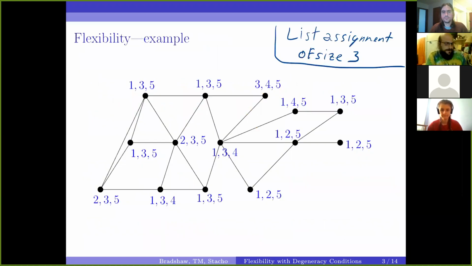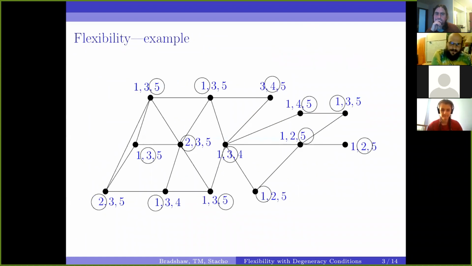Let me now show you on the picture what flexibility is, or what the motivation for flexibility is. On this picture, you can see a graph with a list assignment of size 3, and that's our input. Then we can ask for a list coloring. By those circles, you can see a list coloring which satisfies the condition that neighboring vertices have distinct colors.